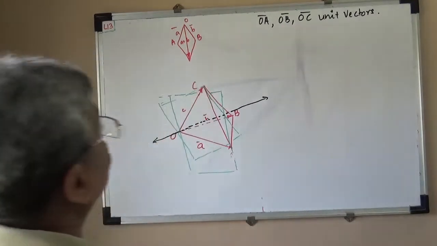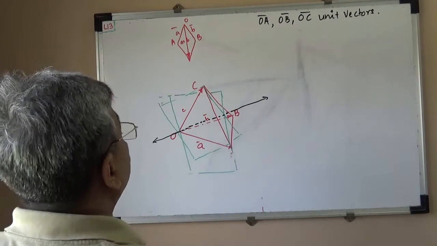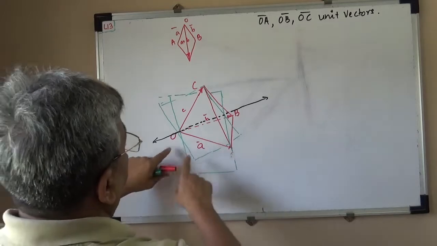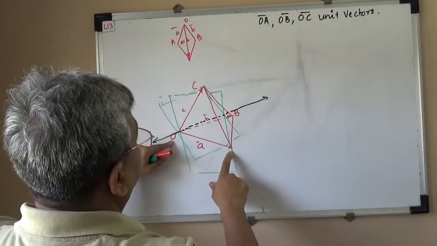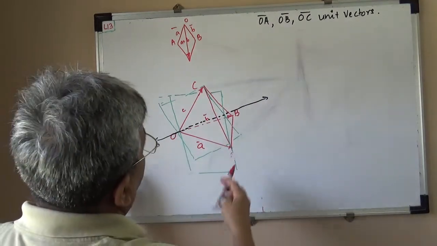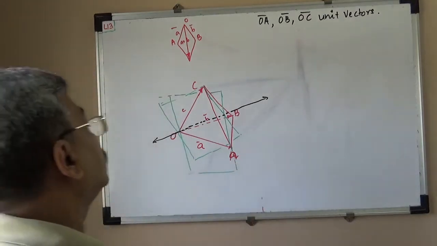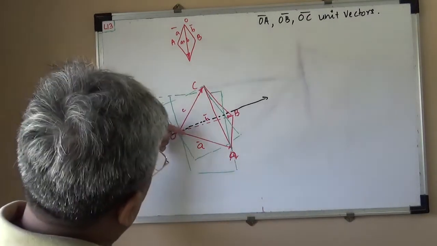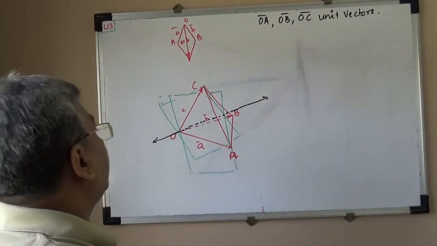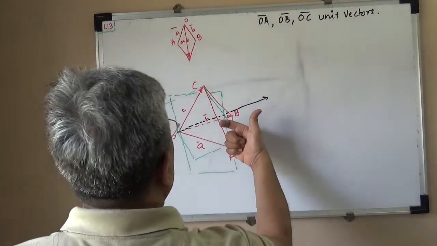Okay, so now I have to write down the equations of these planes. So first plane, let us take the plane passing through OA and bisecting the angle between OAC and OAB. Okay, so I have one vector R, and I need a vector perpendicular to the required plane.